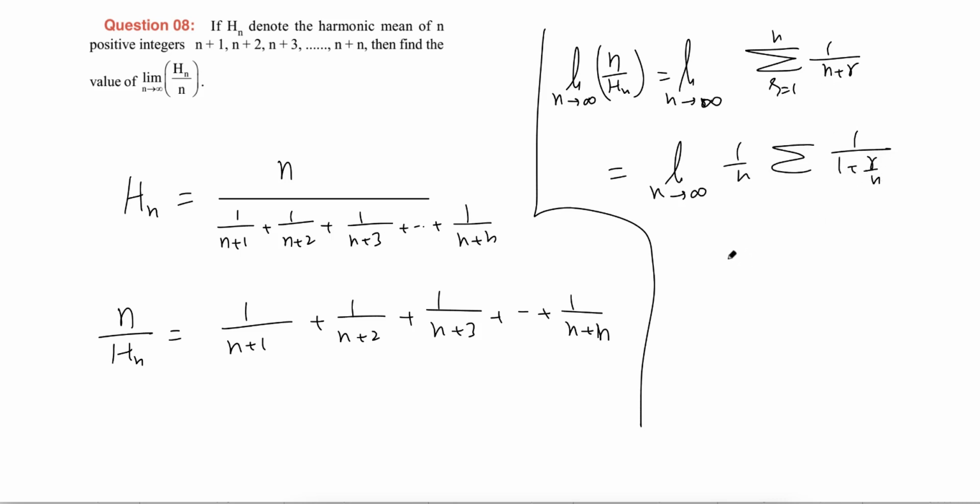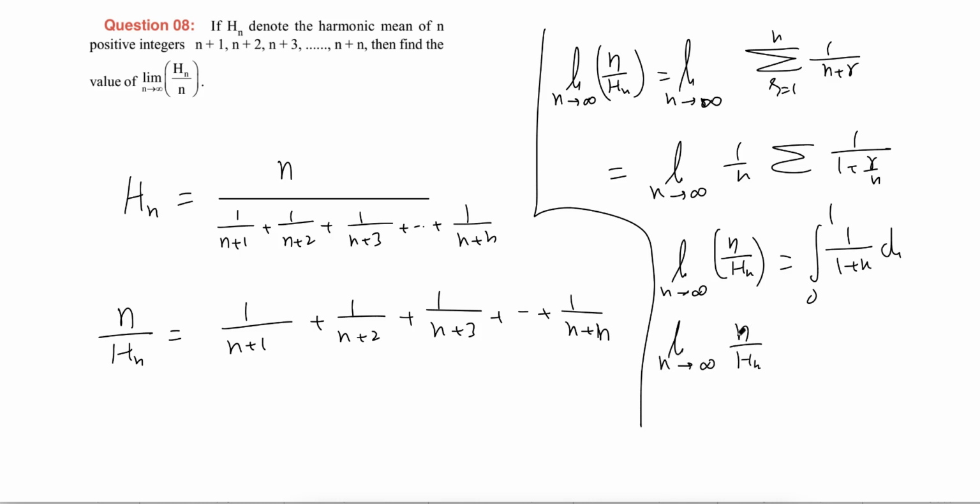This is the x. So limit n tending to infinity, n by Hn is the integral from 0 to 1 of 1 by 1 plus x dx, and this value is ln2.